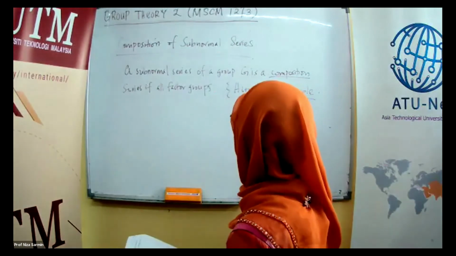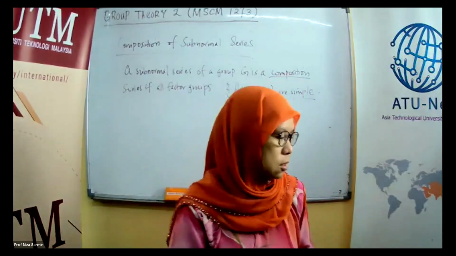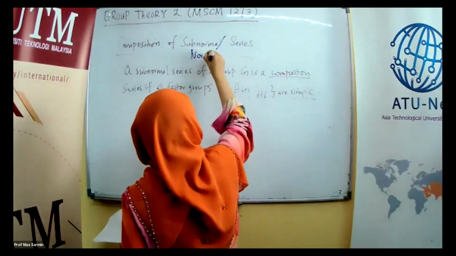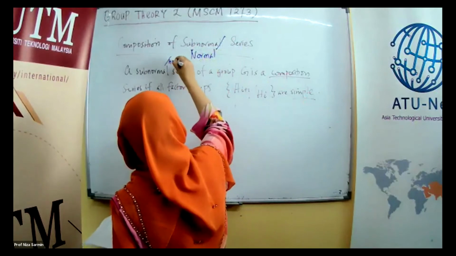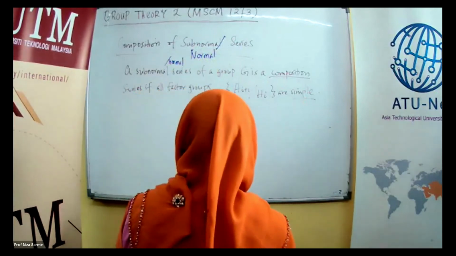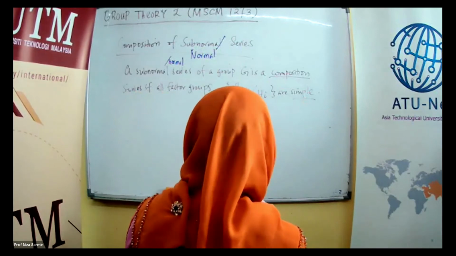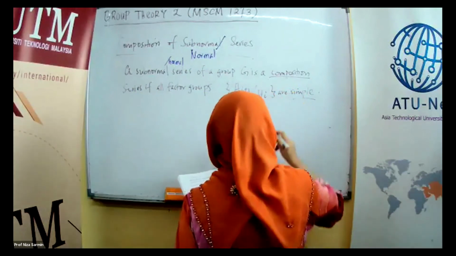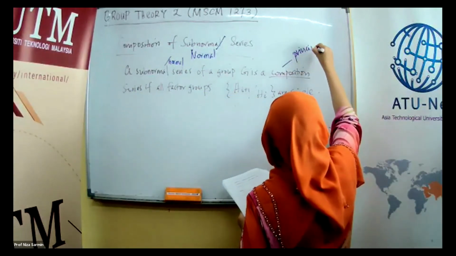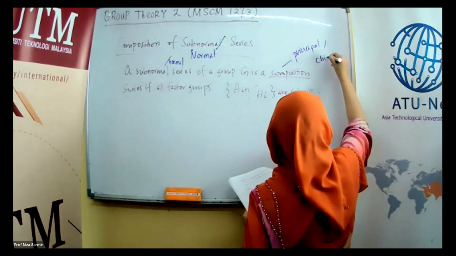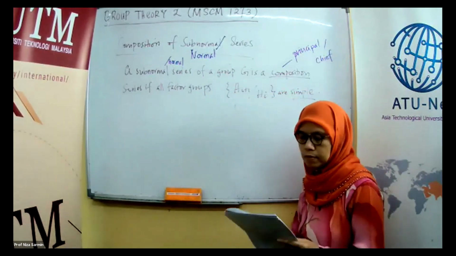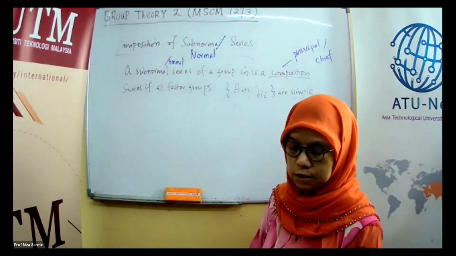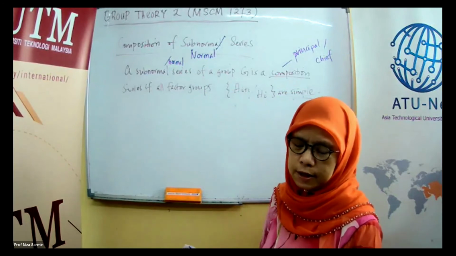It's very similar to this. Instead of subnormal, we just do normal. But if it is normal, sometimes it's called principal, and some would call this chief. So there's a special name for composition of normal series. For an abelian group, they are the same, right?